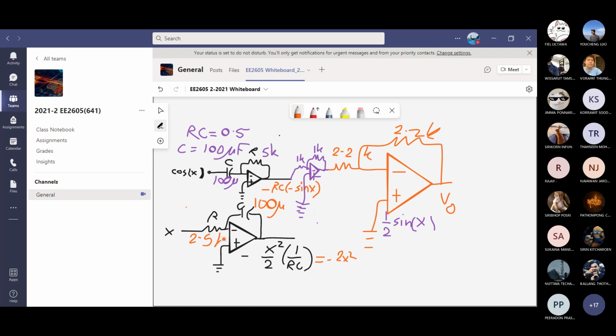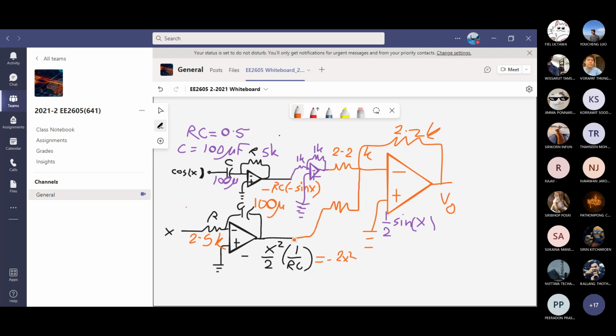Now you do the equation. Minus x squared over 2 times 1 over RC. What do you get? It is actually negative 2x squared. After that, you have to feed it again. I already got it in the form of negative 2x squared.